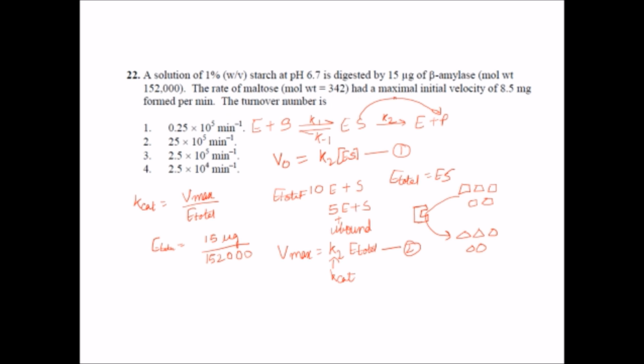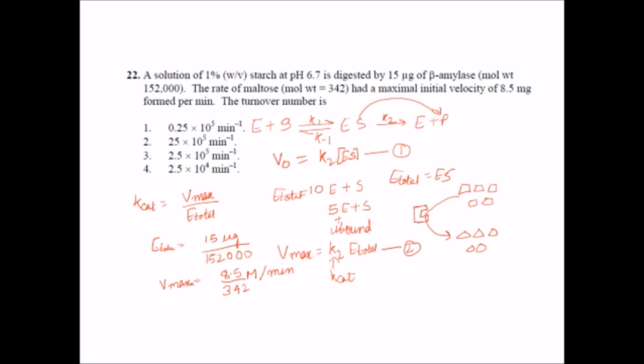The maximum initial velocity Vmax is 8.5 milligram formed per minute, or 8.5 by its molecular weight, 8.5 by 342 molar per minute. Here we don't need to convert it into seconds because the answer is also in minutes.